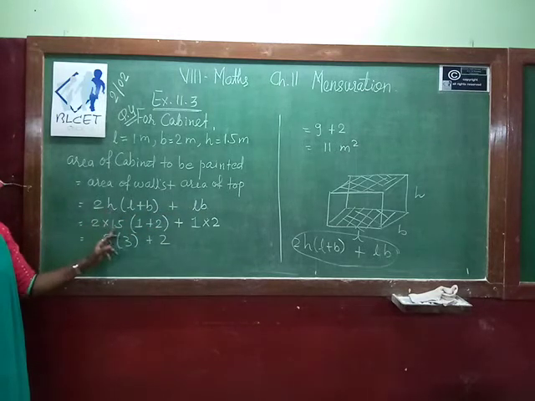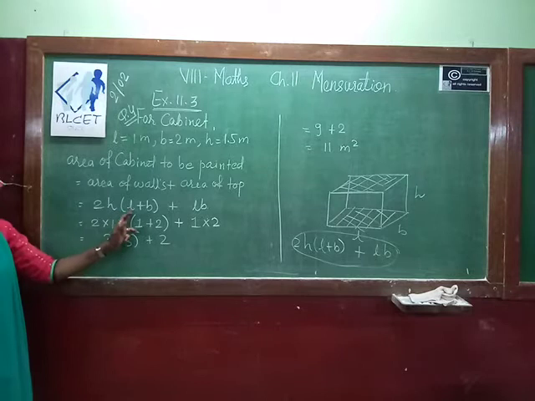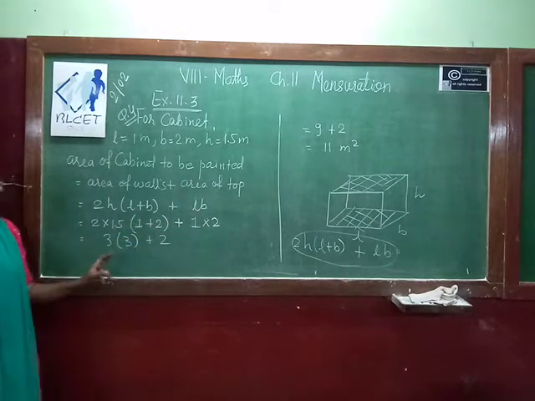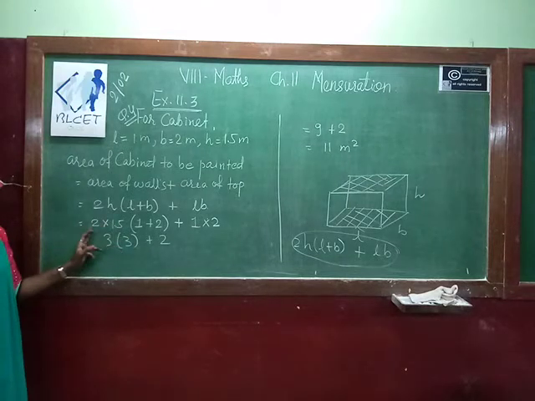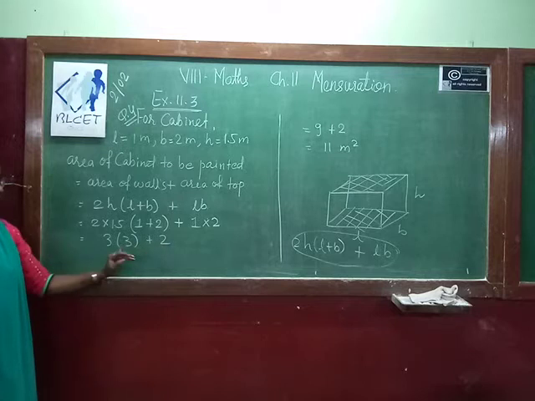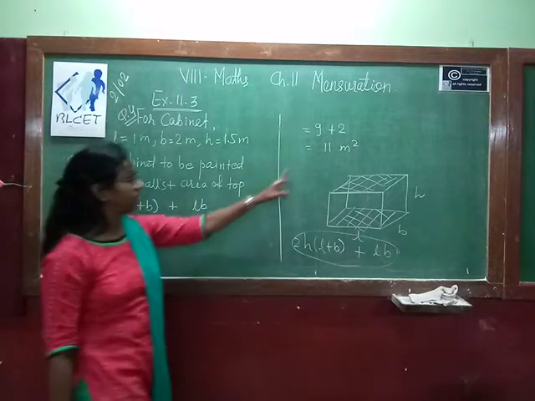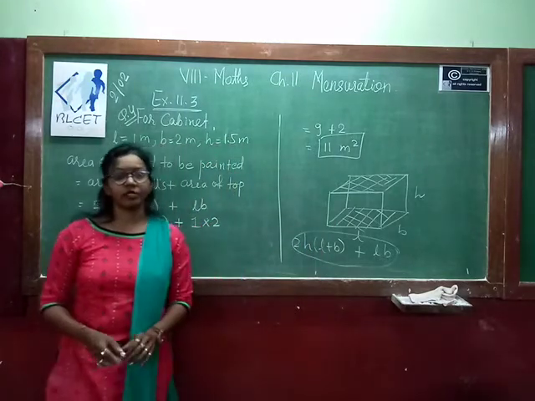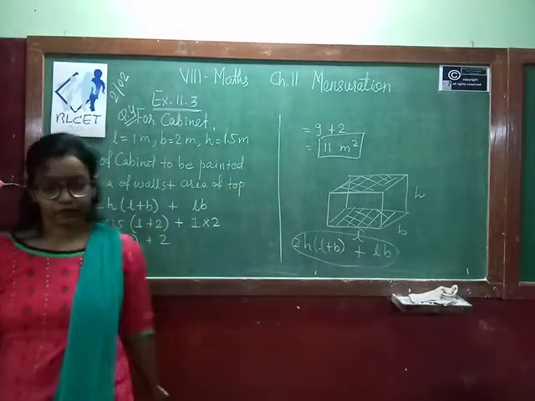So height is 1.5, so 2 into 1.5, length is 1 meter, breadth is 2 meter, plus 1 into 2. When you do the calculation, 2 into 1.5 is 3, 1 plus 2 is 3, 3 threes are 9, 9 plus 2. So what is the answer? 11 meters square. So this way we can solve question number 4.